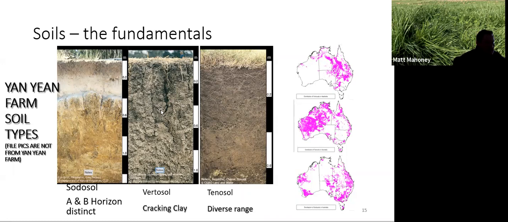That's quite typical, that black vertisol, a cracking clay. You can see that without looking too hard. It's very common out there at the Yan Yan farm.